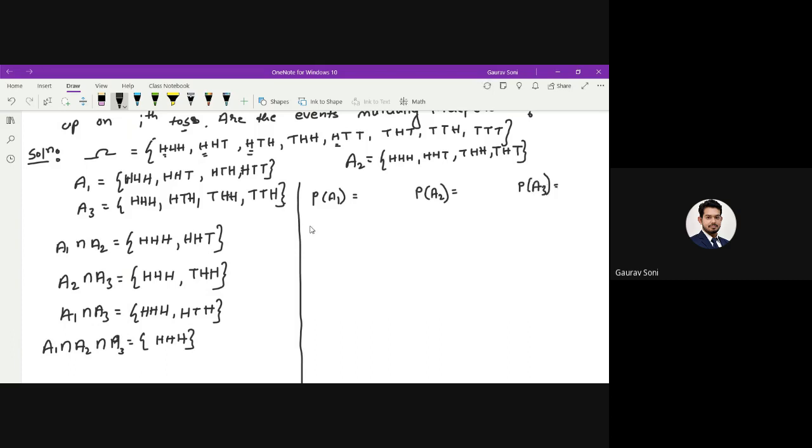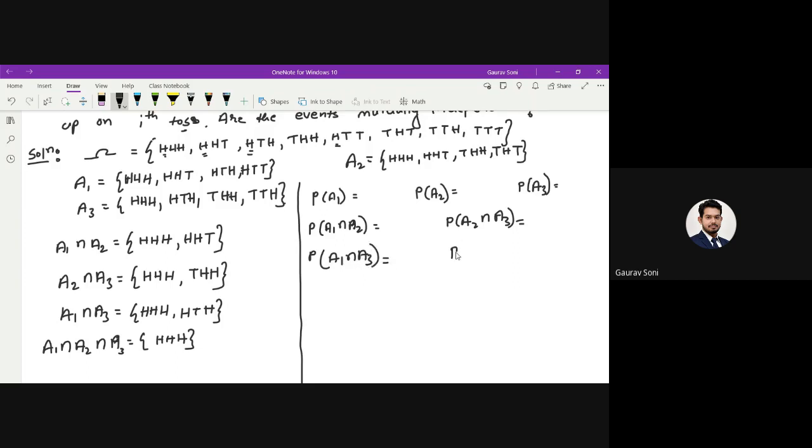Then we will check the probabilities of A1 intersection A2, probability of A2 intersection A3, probability of A1 intersection A3.